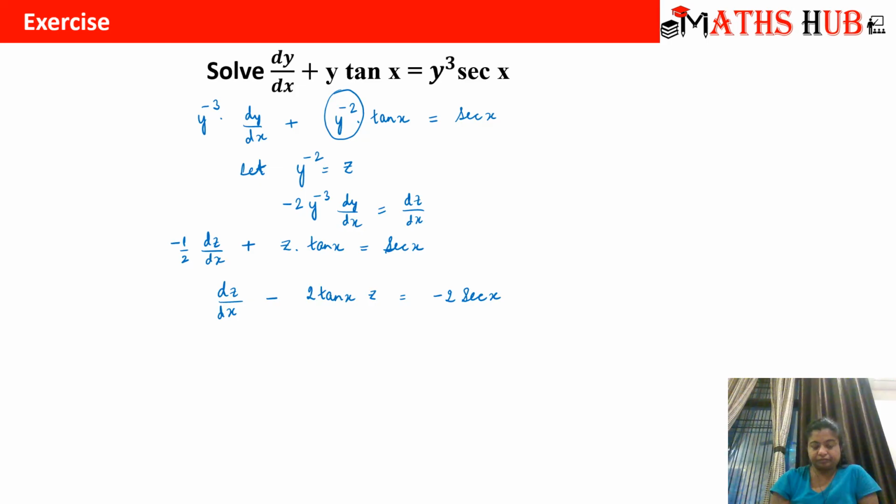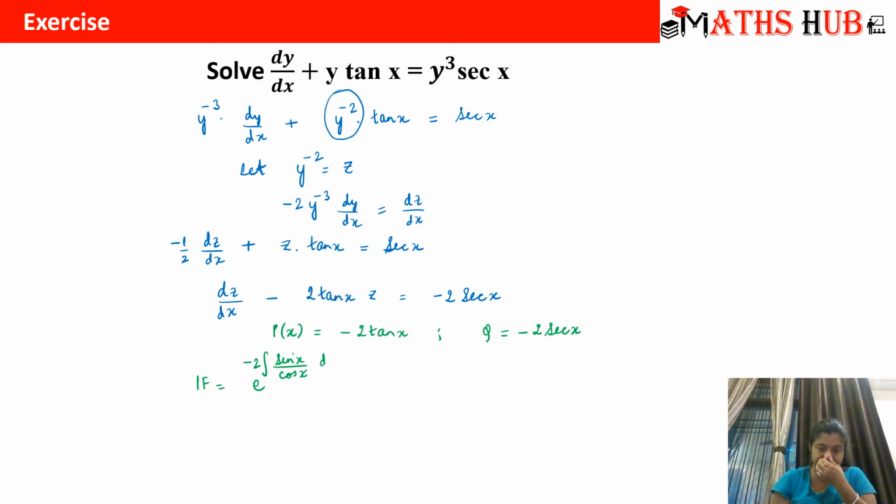So when you compare it with the original Leibniz equation, your P of x is minus 2 tan x and Q of x is minus 2 secant x, right? So your integrating factor becomes e raised to power integration of minus 2 tan x, which is sin x by cos x, right?